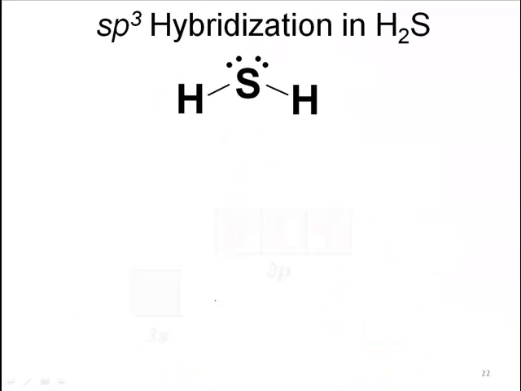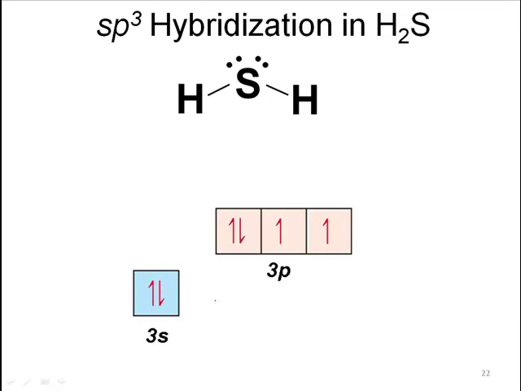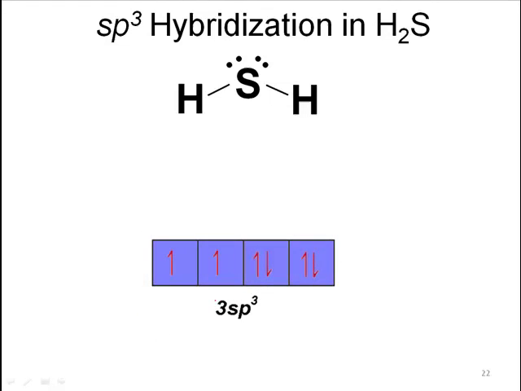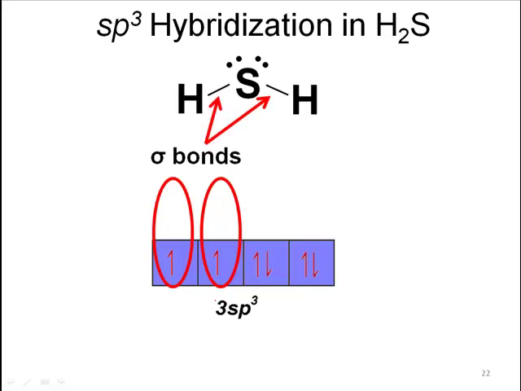So how do we get the actual angle? We hybridize them. So here you've got 4 sp3 orbitals. There's 2 that are lone pairs and 2 that are unpaired. The 2 that are unpaired now can accept hydrogens. Those are the sigma bonds. And the 2 that are paired are lone electron pairs.